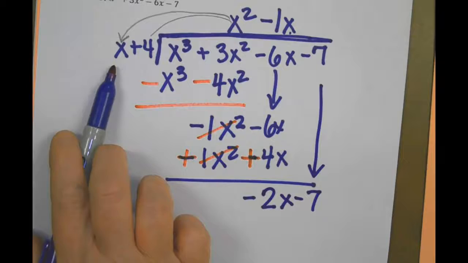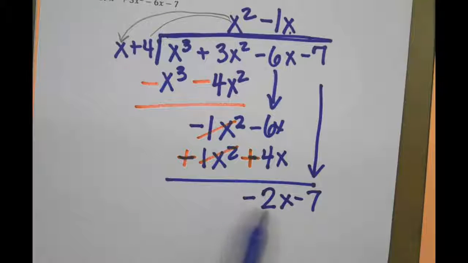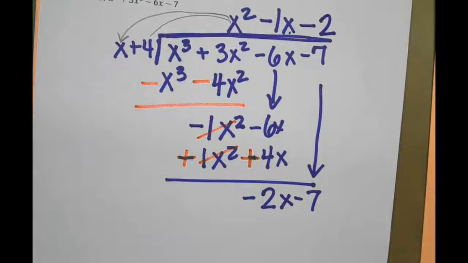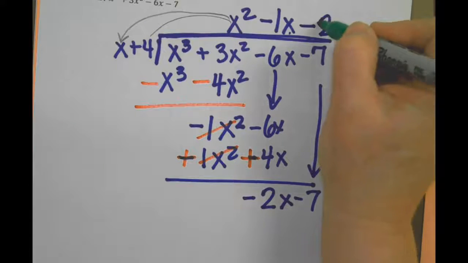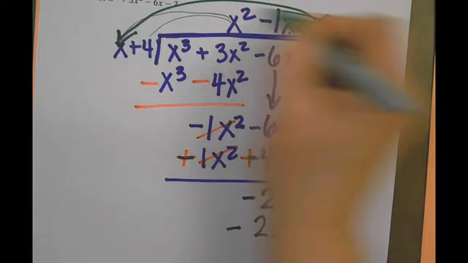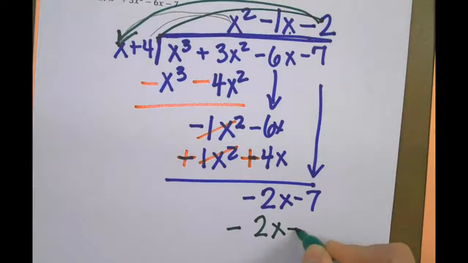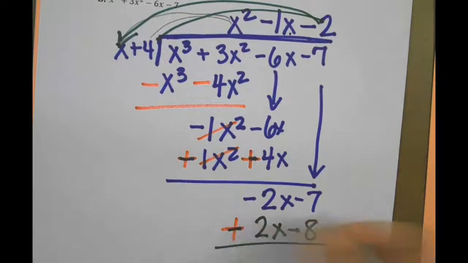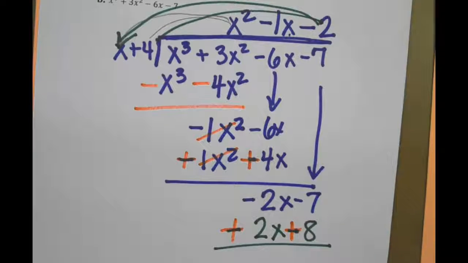What am I going to need to multiply x by so it's equal to negative 2x? Well, I already have an x, so I need to multiply by negative 2. Negative 2 times x is negative 2x. Negative 2 times 4 is negative 8. To subtract a negative, you change the signs and add them up.